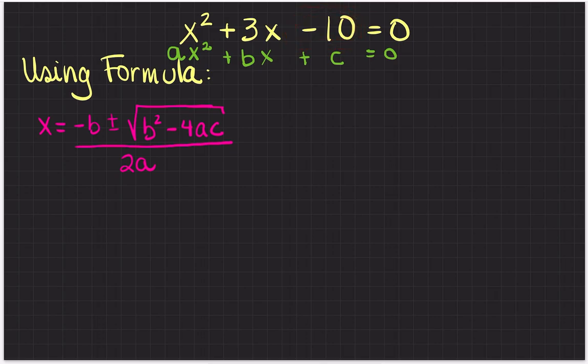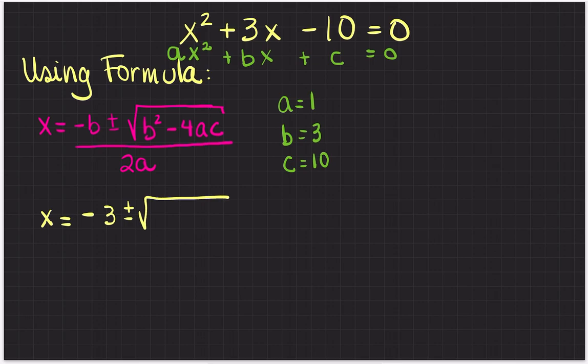So let me write that down. a is equal to 1, b is equal to 3, and c is equal to negative 10. So now I'm going to plug in these values in my formula. x is equal to minus b, but b is 3, plus and minus.